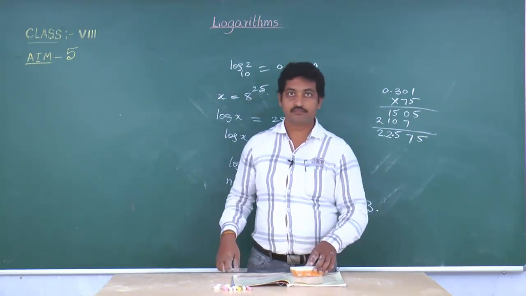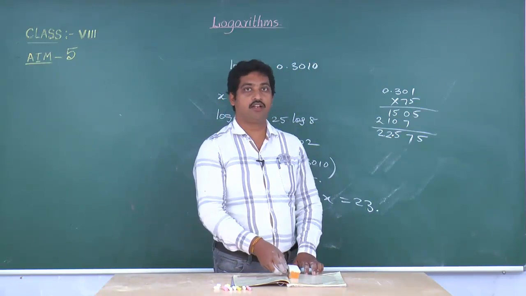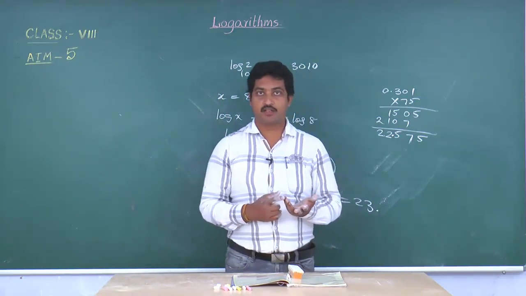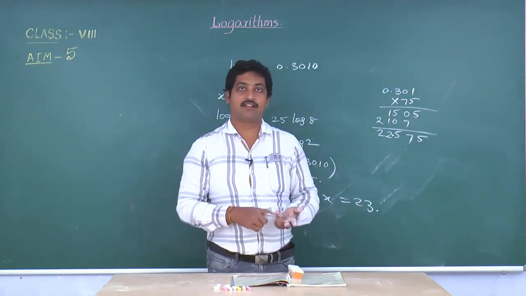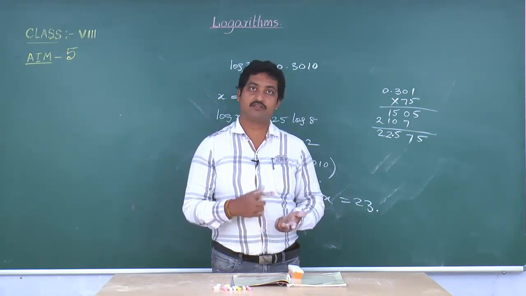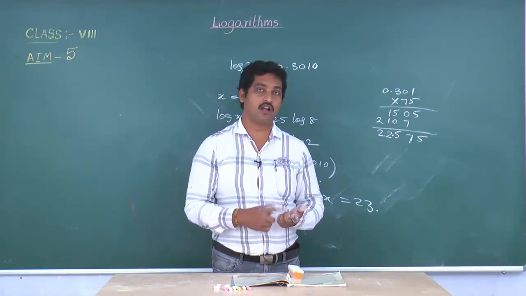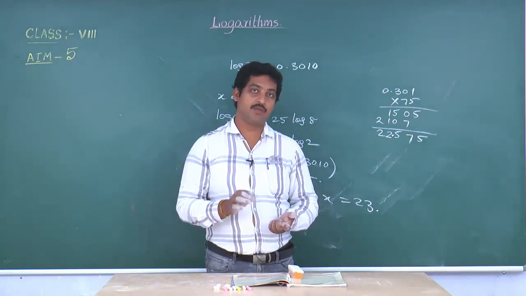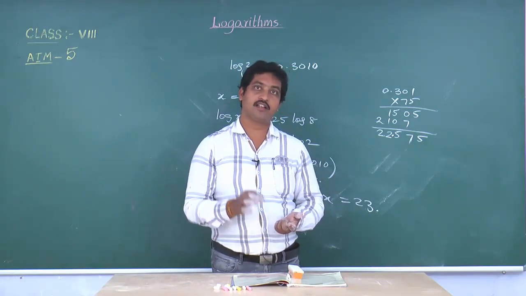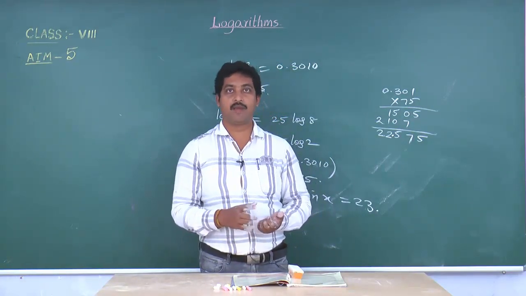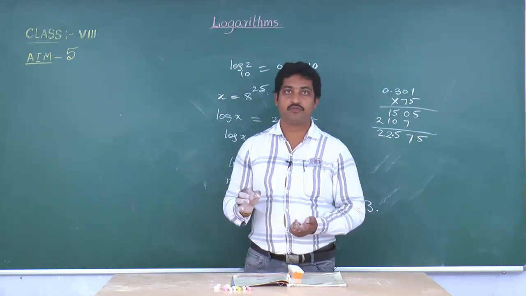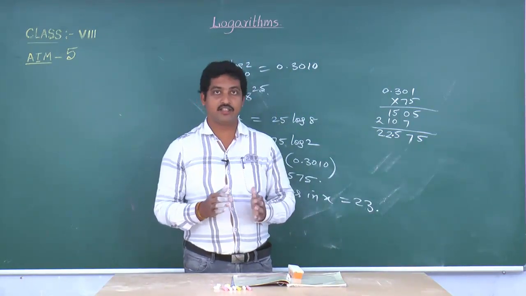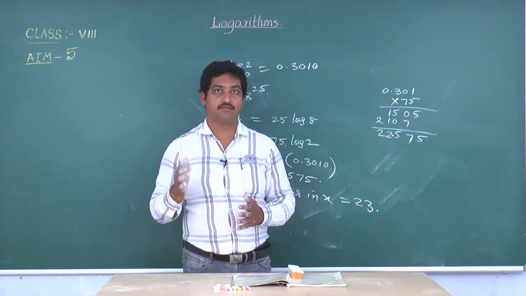Children, in aim number 5 we have learnt the types of logarithms according to the base, and the terms related to logarithms, those are characteristic and mantissa of the logarithm. Characteristic may be a positive integer, negative integer, or 0 also, but mantissa is always a positive number and it lies between 0 and 1.